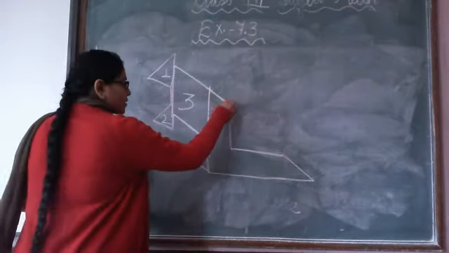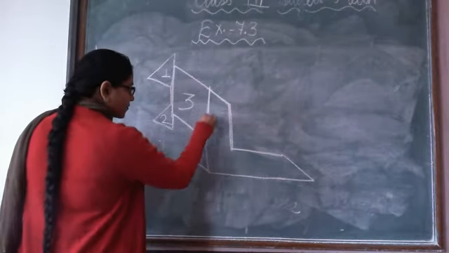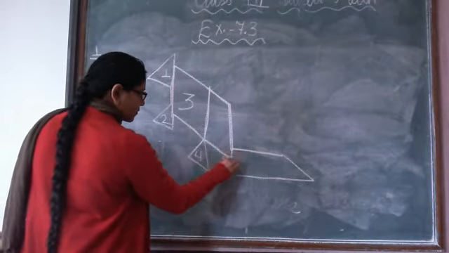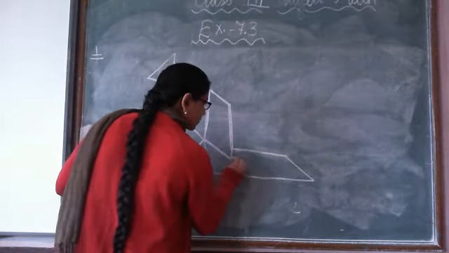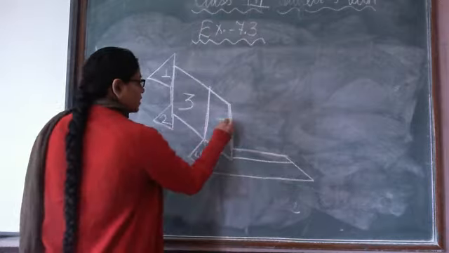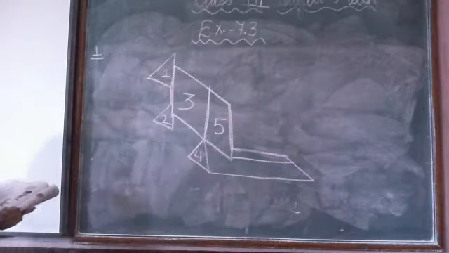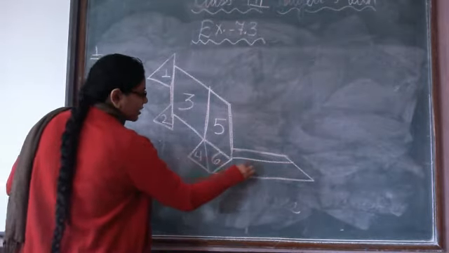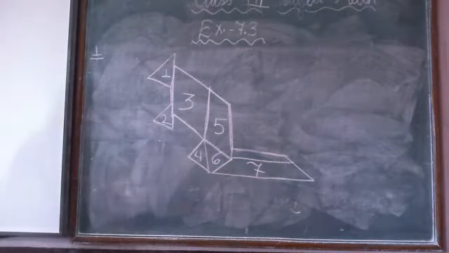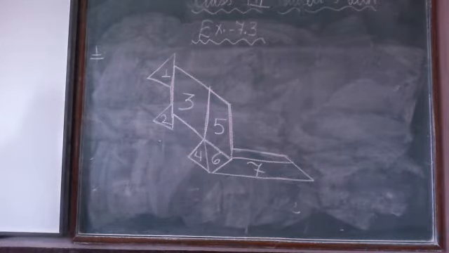Now this is the fifth one, and this is sixth, and this is seventh. So these are the 7 tangram pieces of this shape.